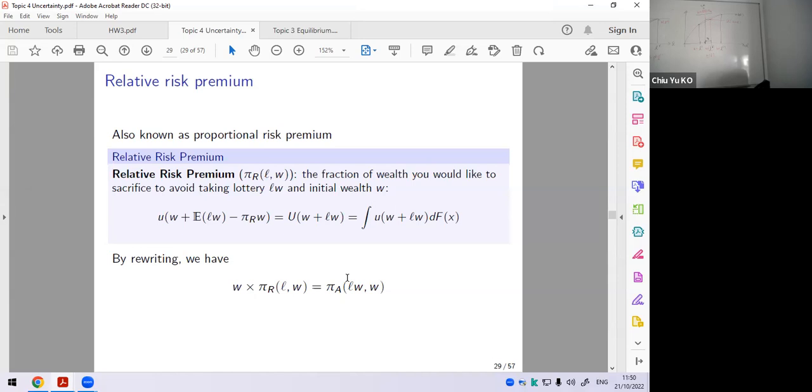Okay, later you will see why we have this one. This is not very natural, I would say, but this is what it means.